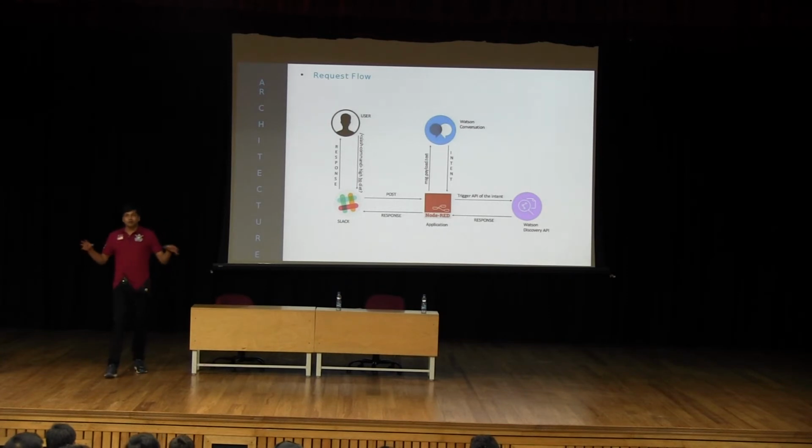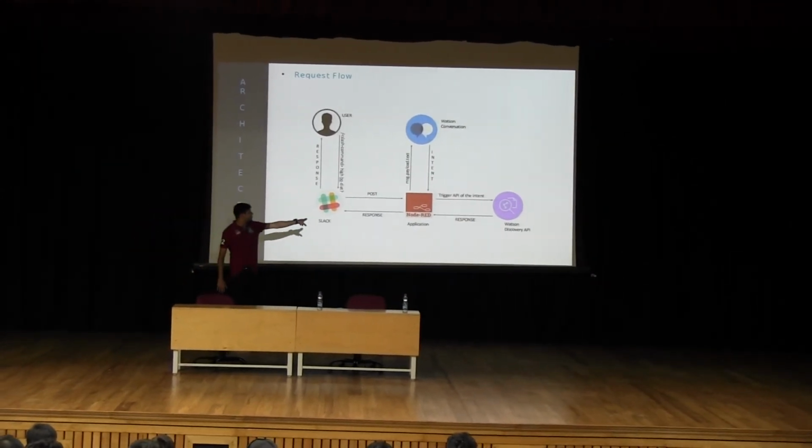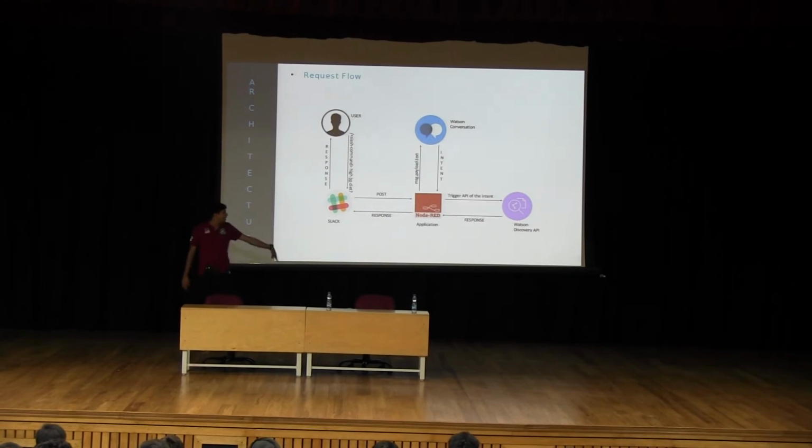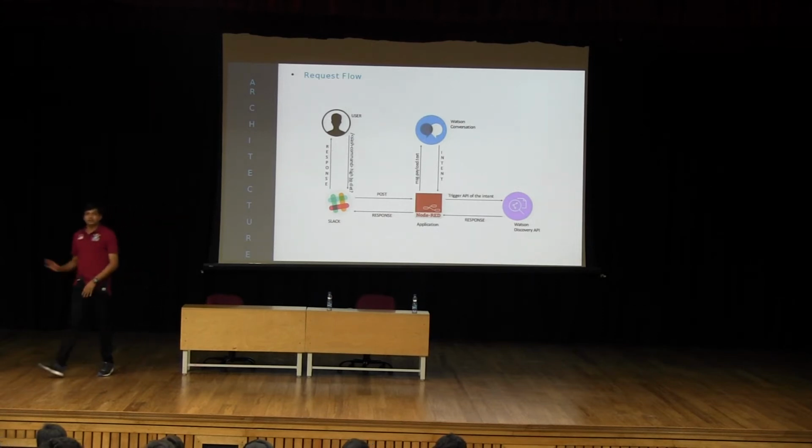It will go to multiple websites and social media pages and search for the best suitable high BP diet, and provide a response to your application. In turn, your application will provide the response to your Slack channel, and the user will get his answer. So this is how the architecture looks.